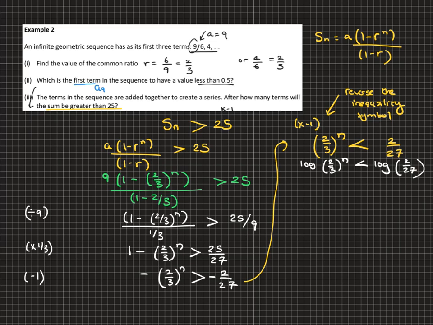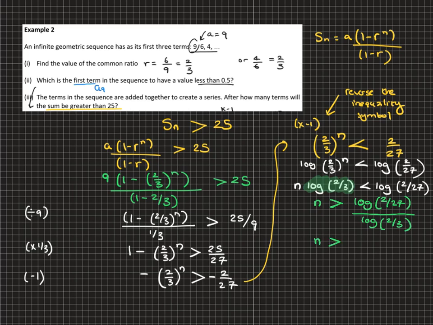Log rules allow us to say that n multiplied by log of 2/3 is less than log of 2 over 27. And we're then going to divide by this log of 2/3. Now again, log of 2/3 is less than 0. It's a negative number, which means that you need to reverse the inequality sign.